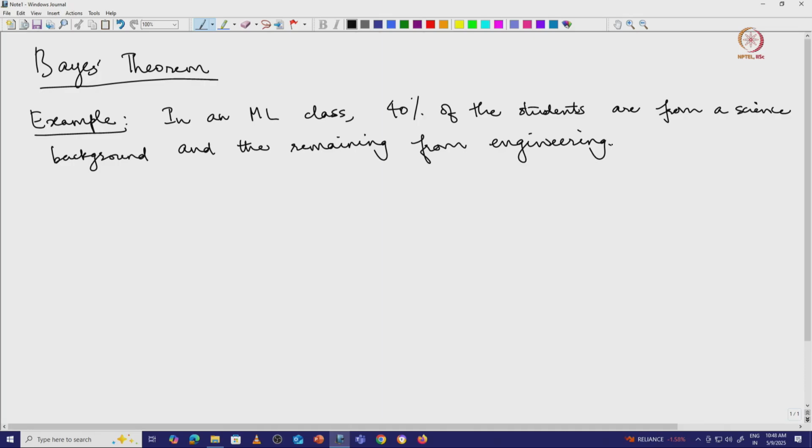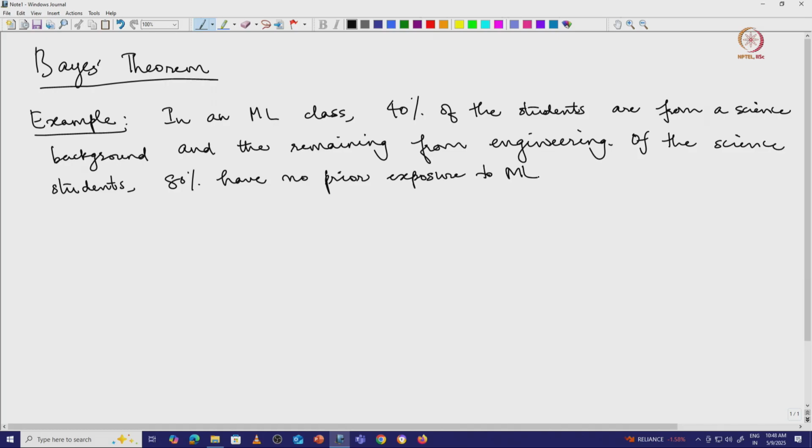Okay. So, of the science students, 80% have no prior exposure to ML, and this number is 70% for engineering students.